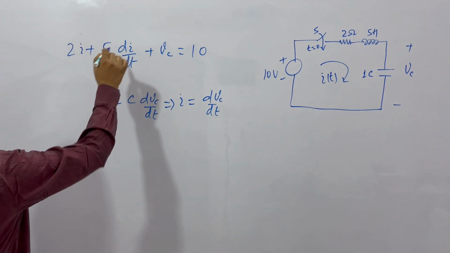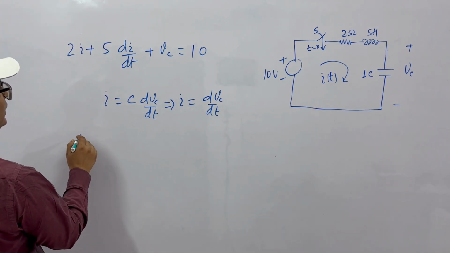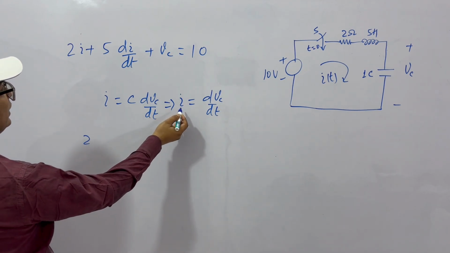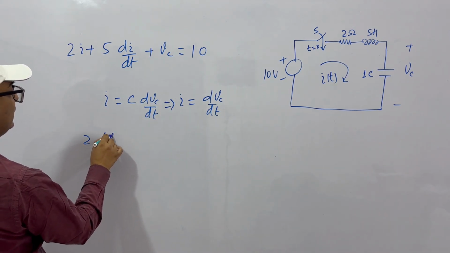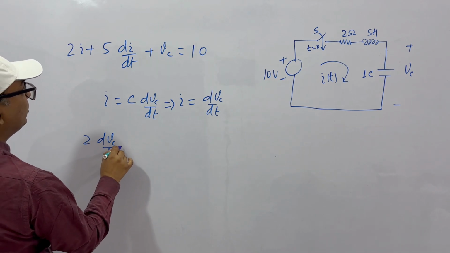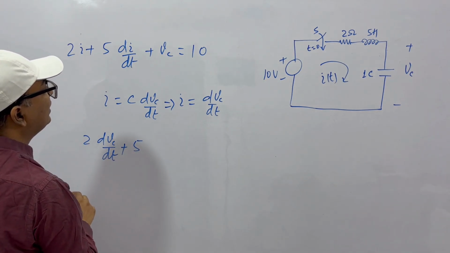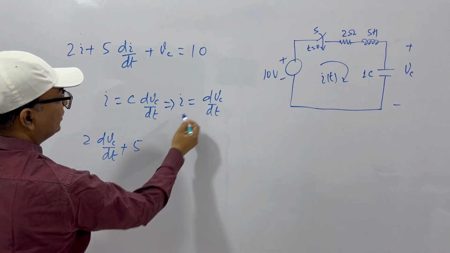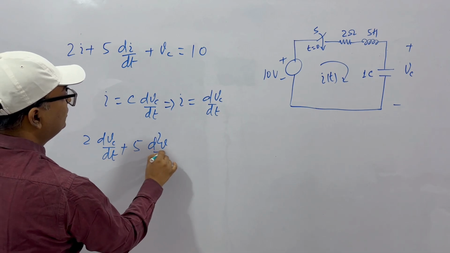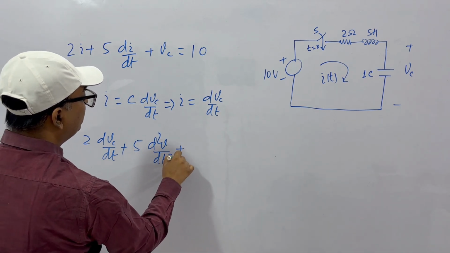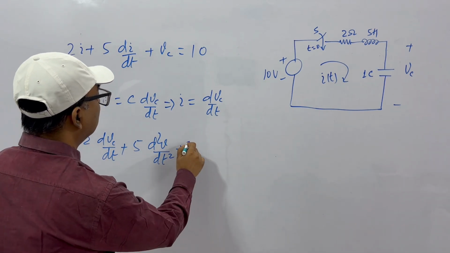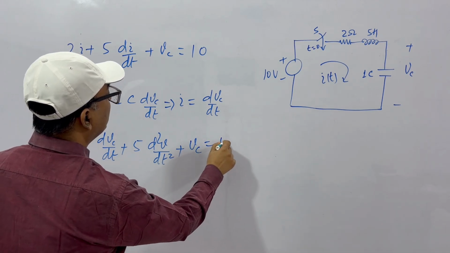Now if you put it in this equation, what do you get? You get 2 into i, that is dVc by dt, plus 5 into di by dt, that is the second derivative of this, d2Vc by dt2, plus Vc equal to 10.